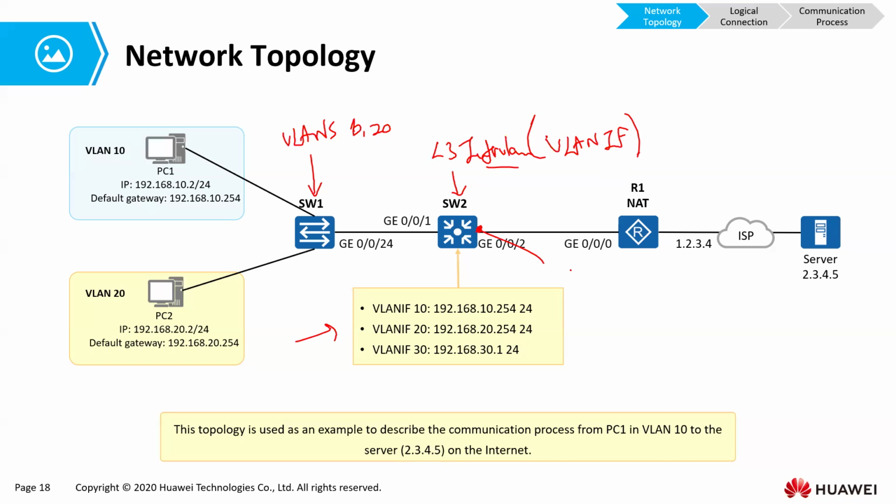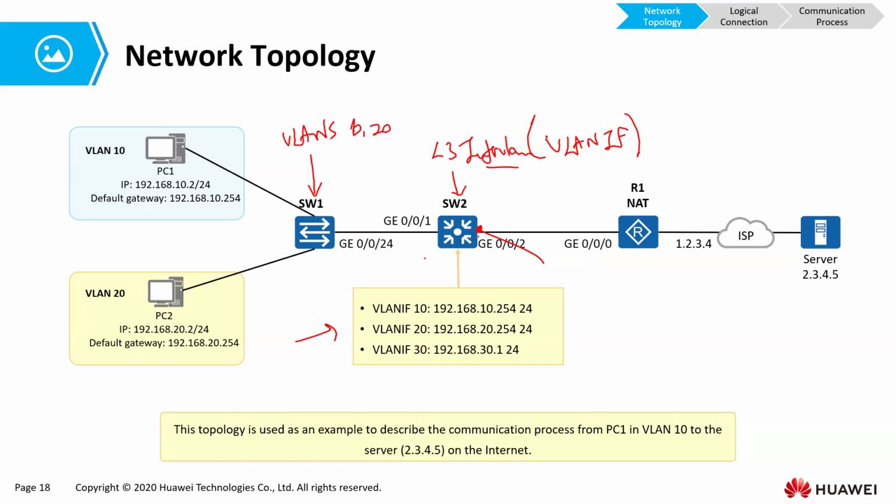By default, a layer 3 switch's ports are all switching, meaning they cannot route. They exist at layer 2. We can do routing when we use a virtual interface. A virtual interface can do routing.